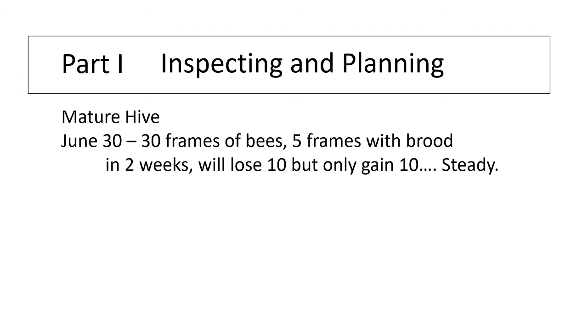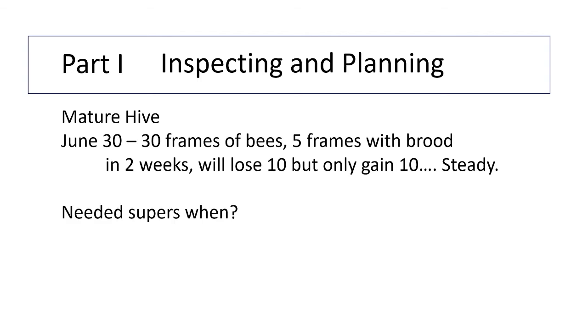And if that 30 frames of bees, you pinch the queen, you pinch all the queen cells, you prevent them from getting a queen, they will stay at least 2 boxes of bees for probably most of the summer. Because if they're not feeding they live a lot longer. So that can be deceptive if you're just looking at the hive population. Gotta see those eggs and larvae.